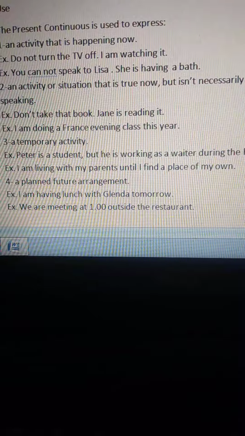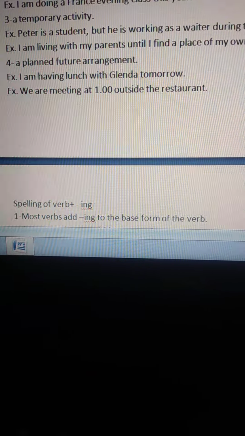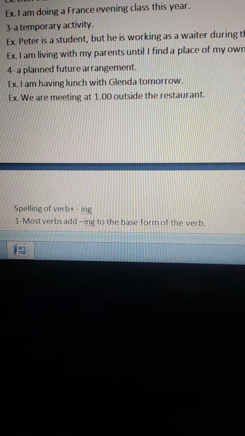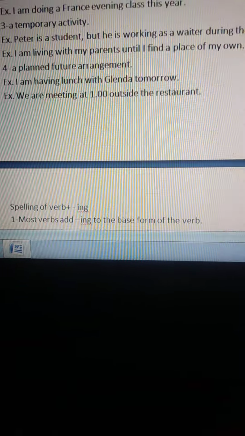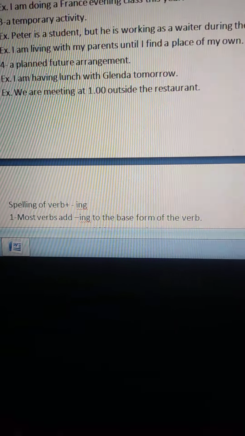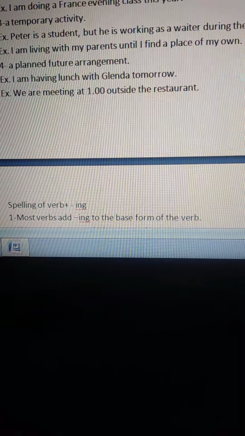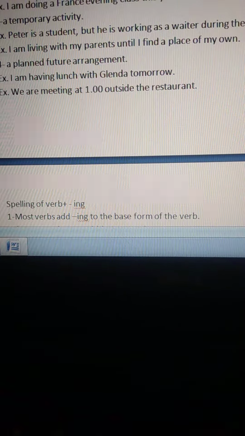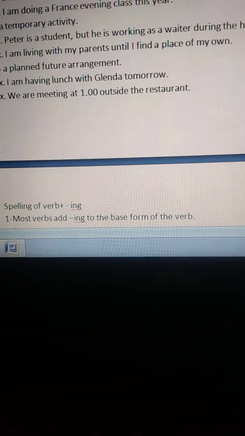The second sentence: We are meeting at 1 o'clock outside the restaurant. We refers to the subject, are refers to the auxiliary verb, meeting refers to the verb. At 1 o'clock outside the restaurant completes the sentence.